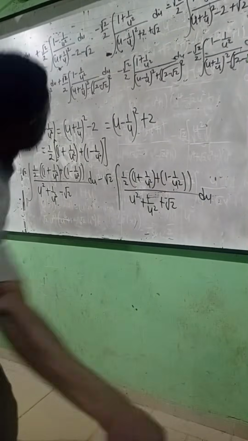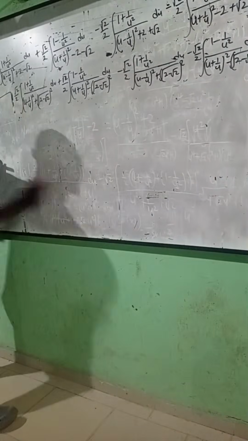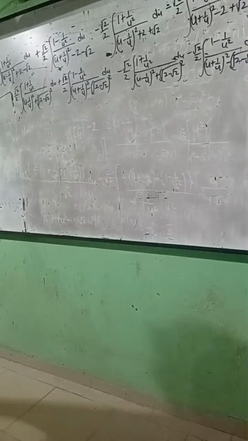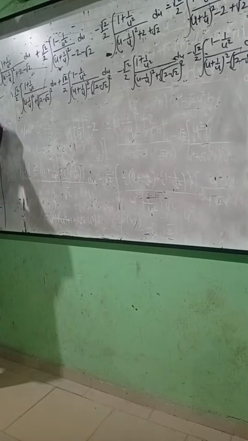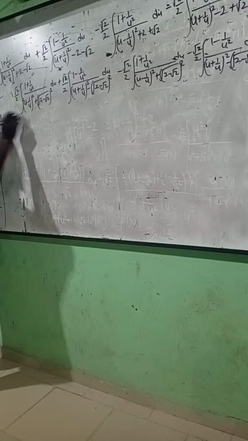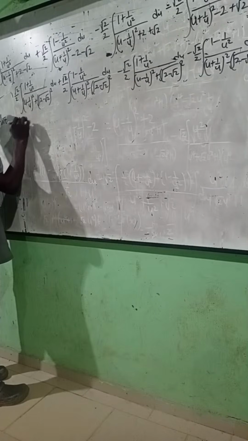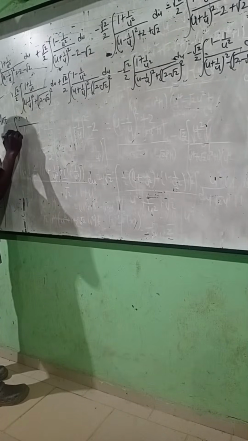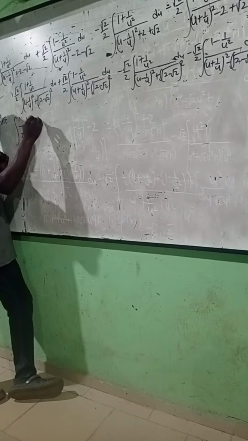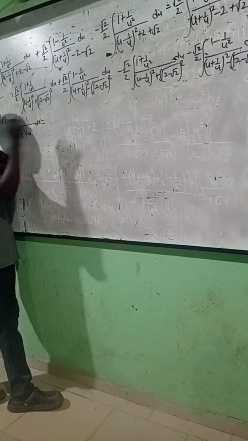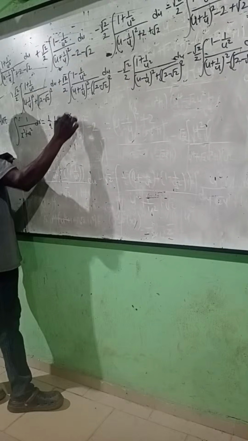And the next is my answer, because I have a standard integral rather than doing whatever I did. Now there's an integral that says, write it. Note: the integration of 1 over x squared plus a squared dx equals what? It equals 1 over a tan inverse of x over a, plus c.